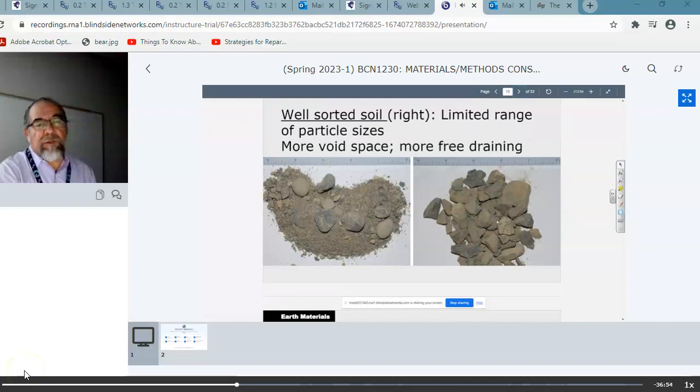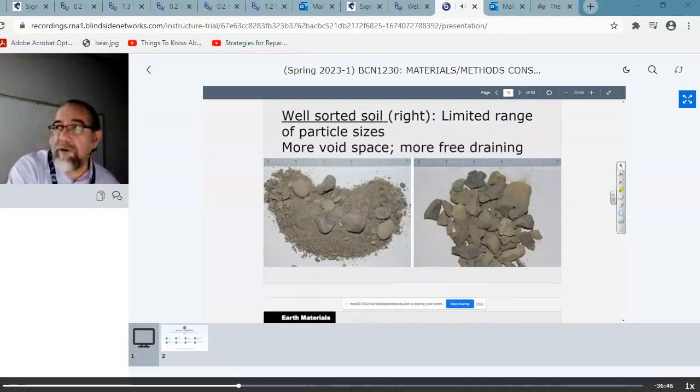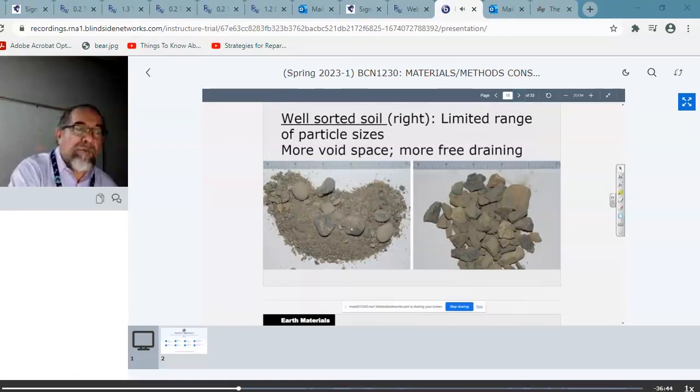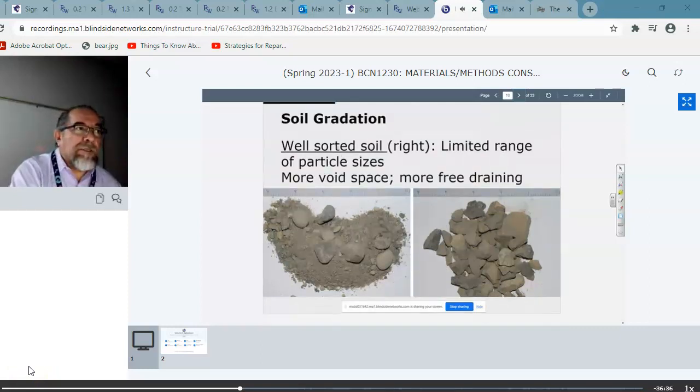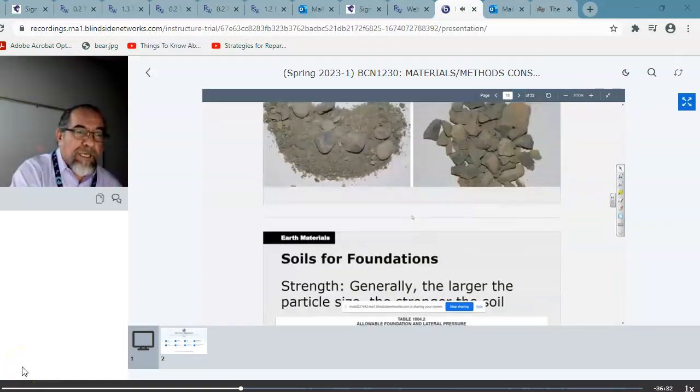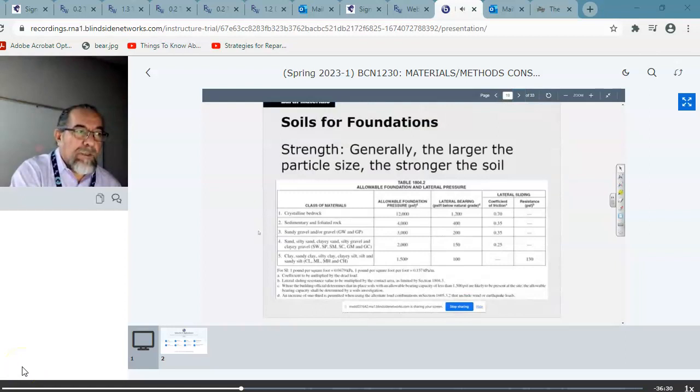So this would be perfect for a driveway. If you stepped out on this, there would not be so much mud on your shoes. If your driveway had the other kind, you might have mud packed on because of its small size. So having the right kind of soil size is important as well.